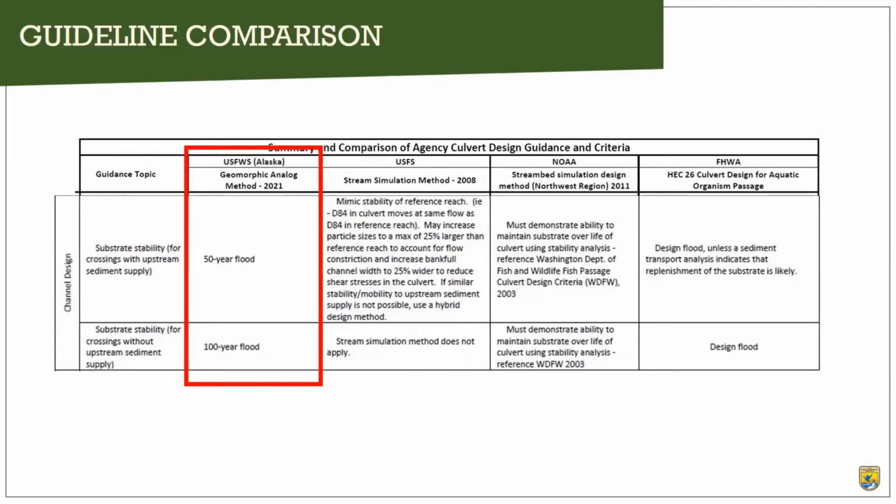Under the U.S. Fish and Wildlife Service guidance, we first look at the upstream sediment supply. For streams with upstream sediment supply, we would like to see the sediment designed for a 50-year flood. A 100-year flood should be used for streams that do not have this upstream sediment supply.